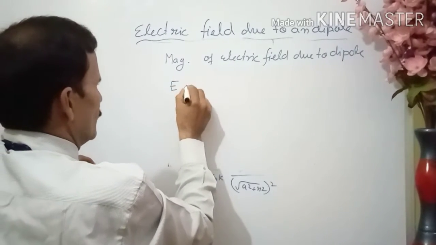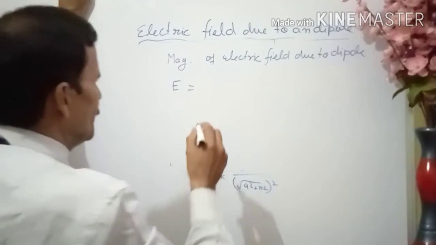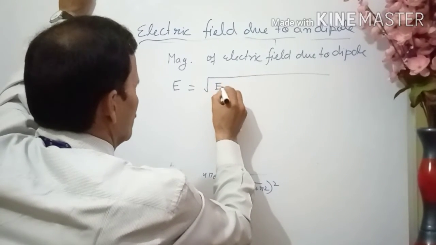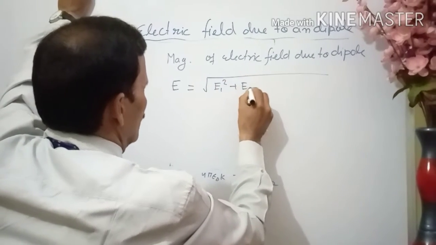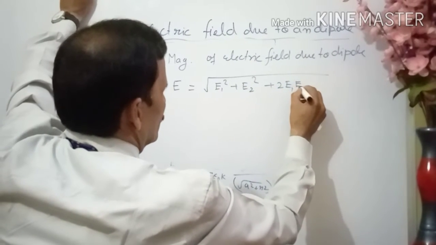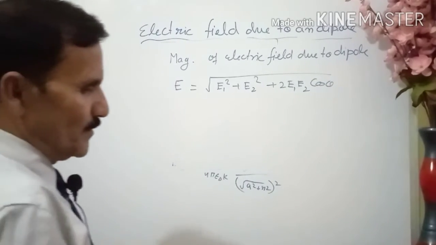So E is equal to, since these two vectors are at an angle, apply the parallelogram law: E1 square plus E2 square plus 2 E1 E2 cos theta, where theta is the angle between the vectors.